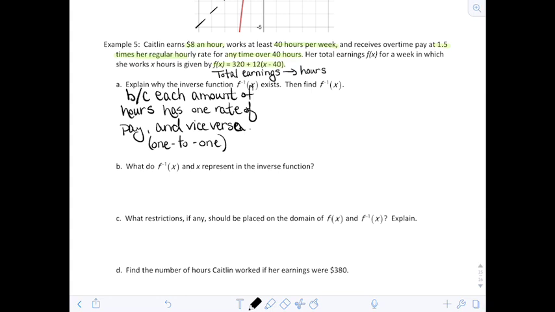Then it wants us to find f inverse of x. So this is not just a random xy equation. This is a formula for calculating earnings. So we are not going to switch x and y, or in this case, x and f of x. We're going to just solve for the other one.